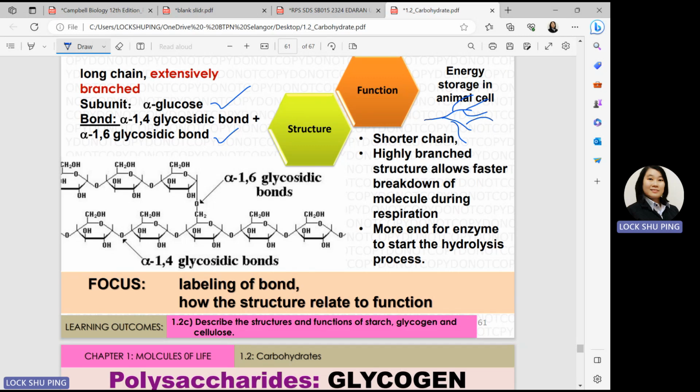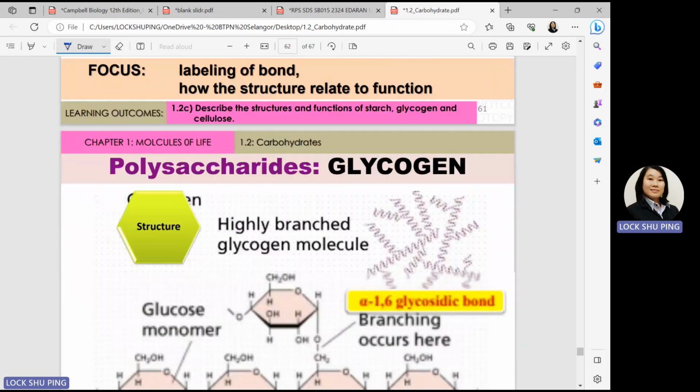So that's why plants need less energy, while animals need a lot of energy. So they need a more complex molecule that can break down even faster. And when they do not need the energy, they can have a molecule which can store more glucose. And the glycogen is the one that fits this particular requirement.